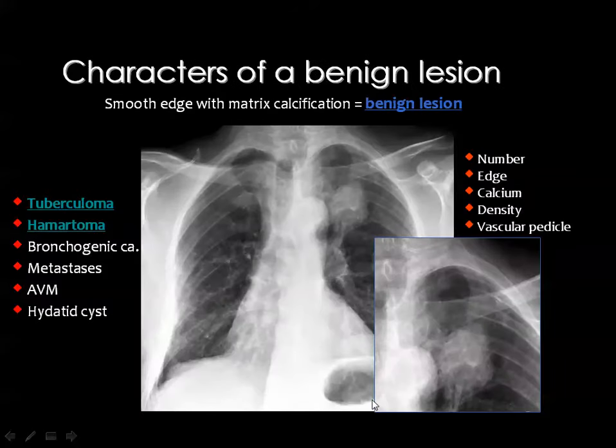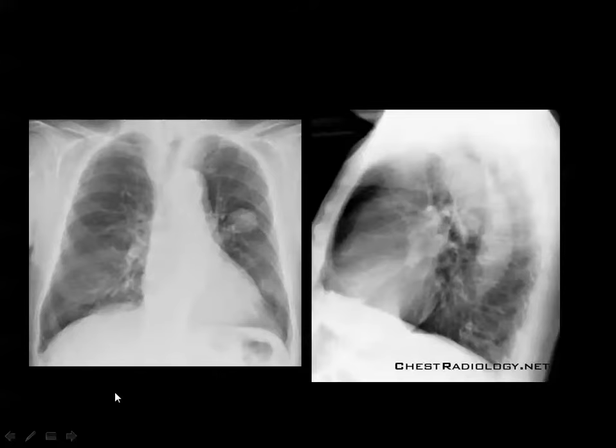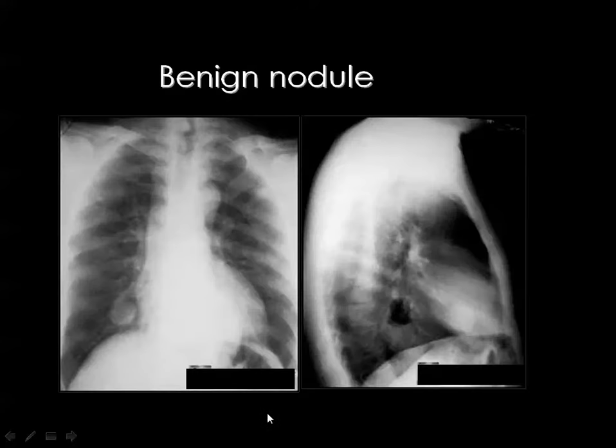If you see a nodule with a smooth margin containing calcium, then you assume that this is a benign lesion, and on the top of these lesions, the tuberculoma and the hamartoma are in the differential diagnosis. You see this is a nodule with a smooth margin containing some flecks of calcification. Then you think of a benign lesion which may represent a tuberculoma or hamartoma.